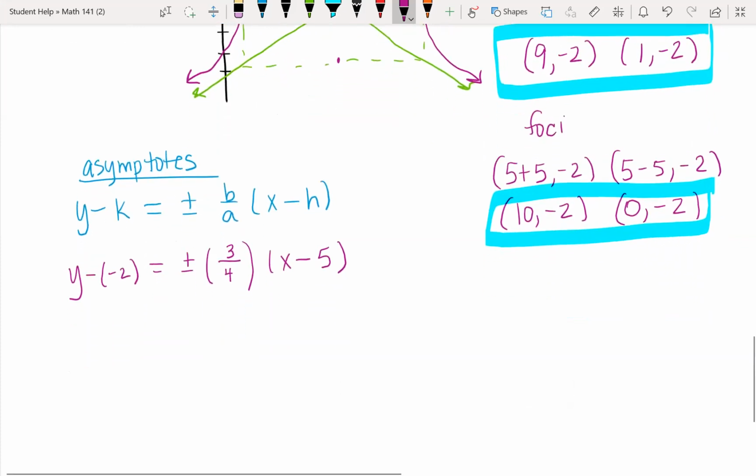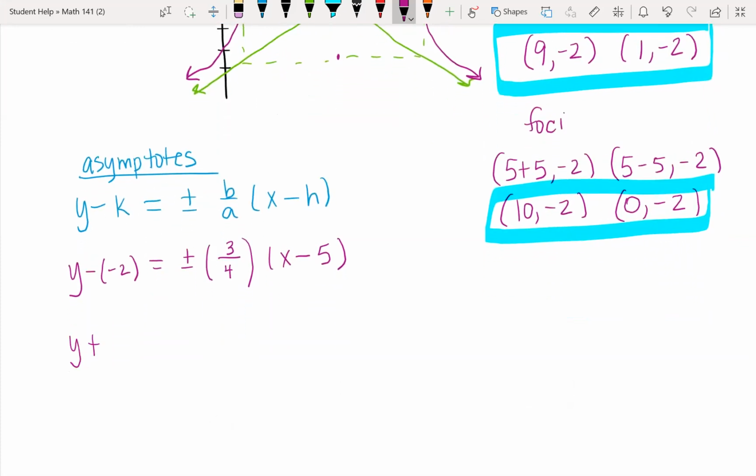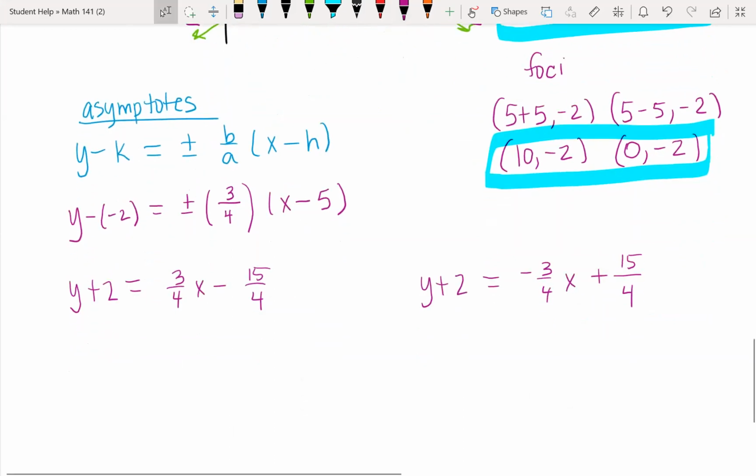All right, so I've got y plus 2 equals 3/4 x minus 15 over 4, or y plus 2 equals negative 3/4 x plus 15 over 4. 2 is the same as 8 over 4, right?